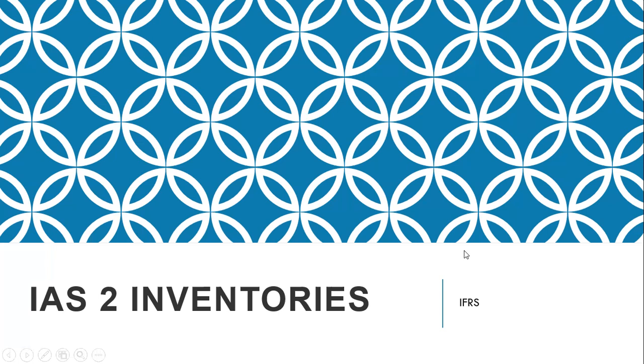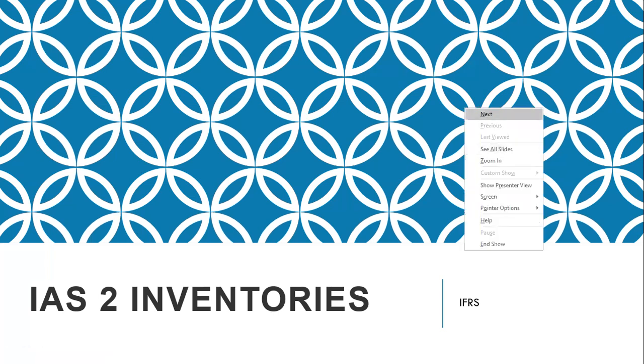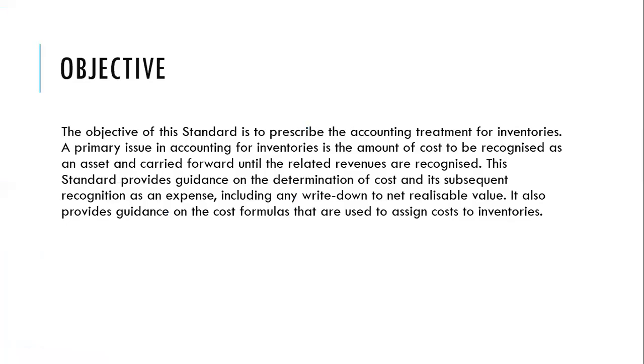One of the radical changes that IFRS brought to accounting terminologies is the emphasis on the word inventory rather than stock. I remember when I was writing Institute of Chartered Accountants of Nigeria examinations many years ago, we used to use stock and inventory interchangeably.